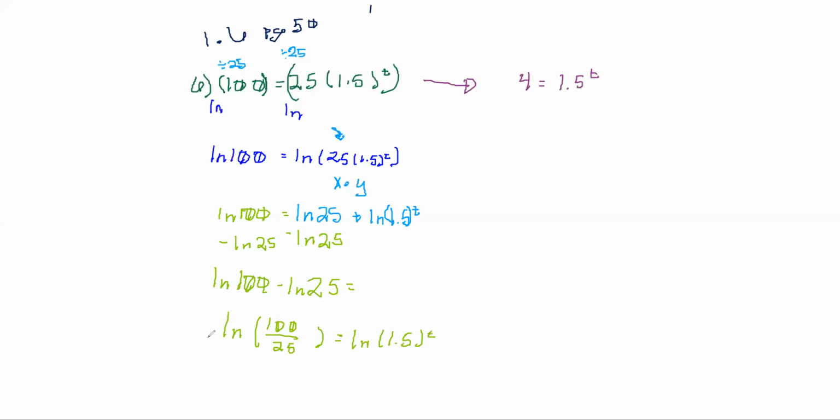And then this would just become the natural log of 4. And then this t, we would do what with? Where does this t go? Because it's an exponent, and we're taking a log, it goes out front. So it's t natural log of 1.5. That being said, up here, we would just take the natural log of 4, natural log of 1.5, and the t ends up out front when we're taking the natural log. So we end up in the same place both ways.